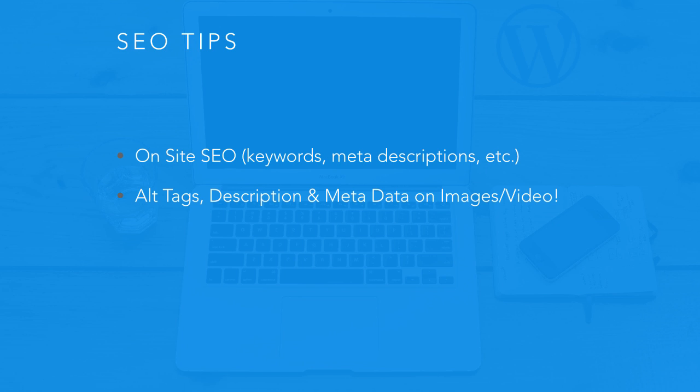But if you say it's an image of the White House and you're blogging about the White House, then you put White House, and then maybe the date, or maybe some more information, but White House, and then in the metadata put an actual description of what the image is about, and then that will help correlate with what your topic is and what's on your site and what's on your page and what's on your blog post, so that Google can say, okay, these are connected and this is what this image is and it looks really good, so we're going to put these together and increase the ranking of this site because it actually is indexing properly.